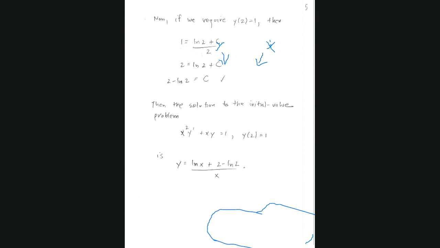We're saying when x is 2, y equals 1. When we add an initial value to a differential equation, we get what's called an initial value problem. And that will only have one solution under normal circumstances.